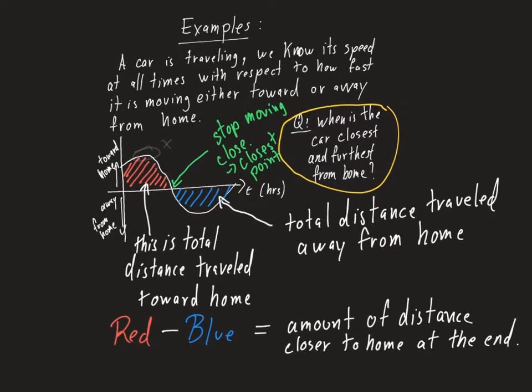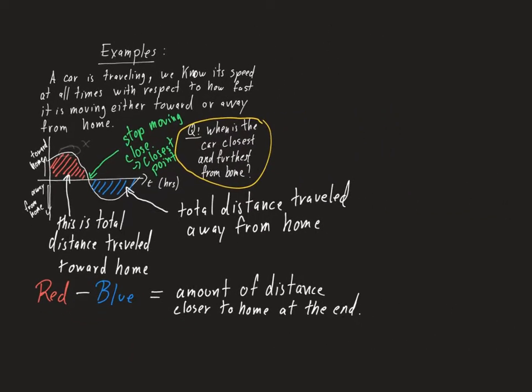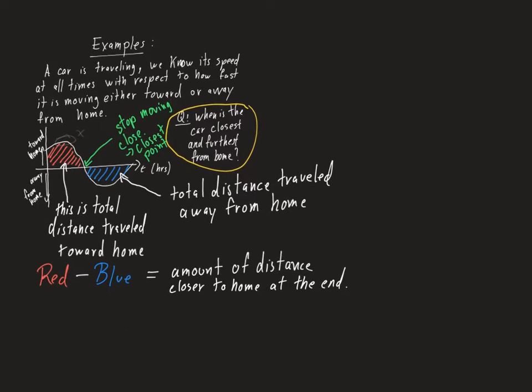All right, none of this stuff requires integrals so far to answer that first question of when the car is closest to the house, because you're just moving towards it this entire section. But a much better question is to ask yourself, let's do that in pen.